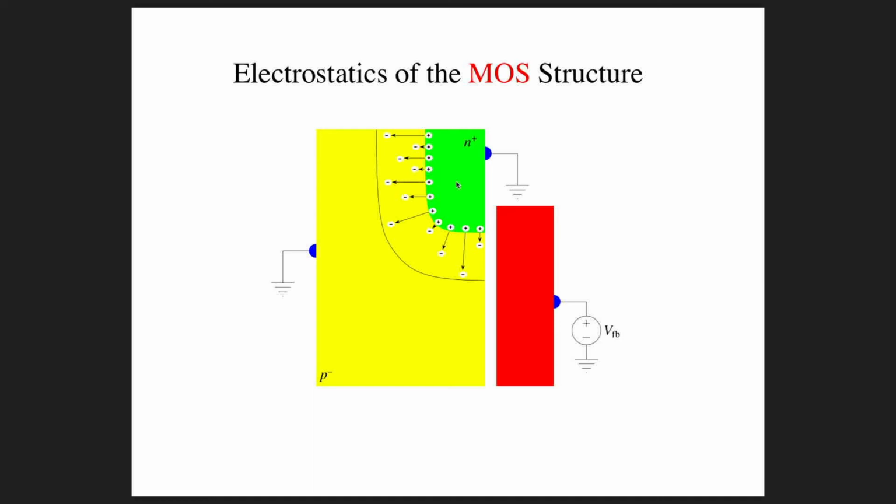It would be called the source. Well, we're imagining the gate is at flat band. Okay, so there's no depletion region beneath the gate, and the bands are flat all the way up to the surface here. And then around this p-n junction in all directions, we have the built-in potential, which creates an energy barrier, and we have a depletion region.